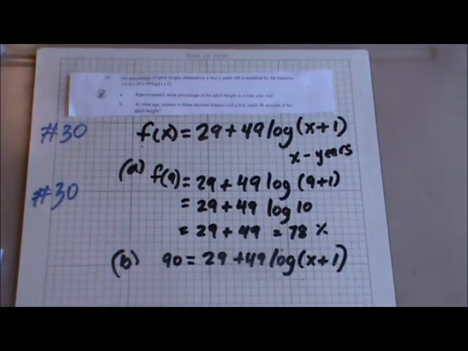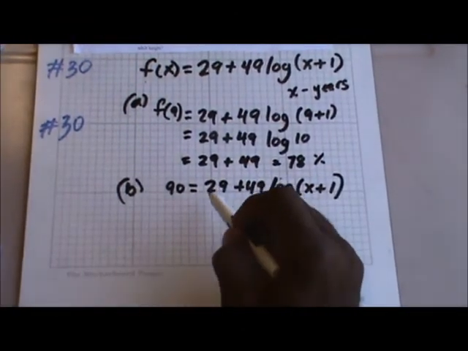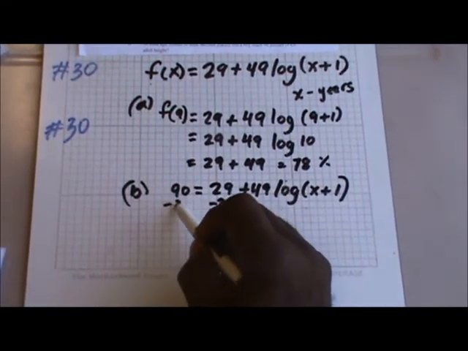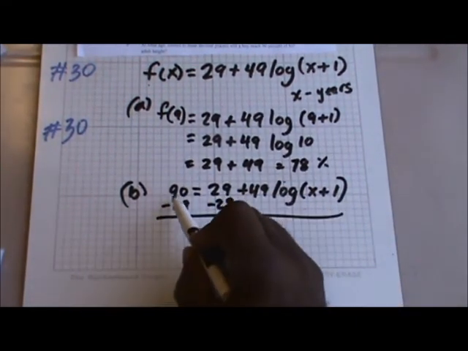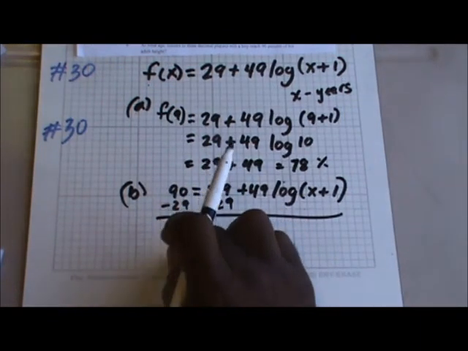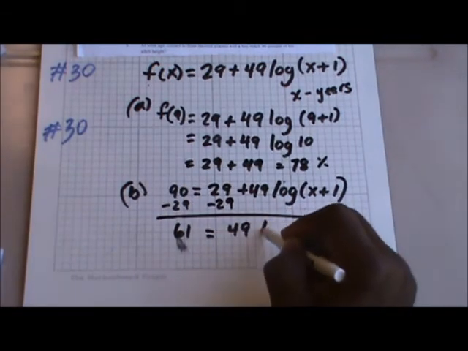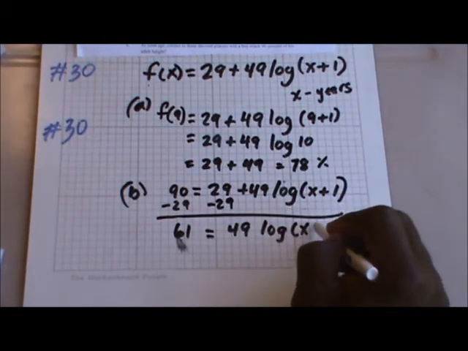It's saying no calculator, so let's see if we can do it without the calculator. I want to subtract 29 from both sides. That gives me 61 is equal to 49 log of x plus 1.